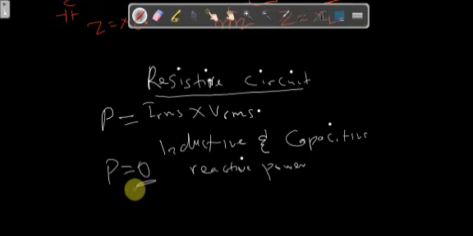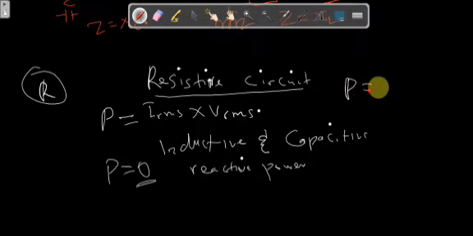It therefore means that power is only dissipated in the resistor. That's why we have the power in the resistor. So the power dissipated in an AC circuit is the IRMS current times the VRMS voltage. So we can simply say that P is equal to IV. Okay.